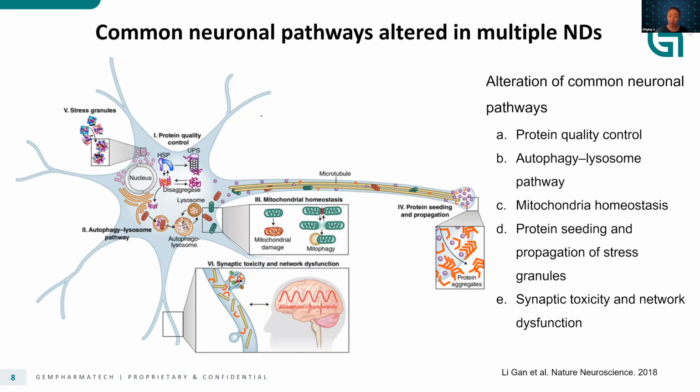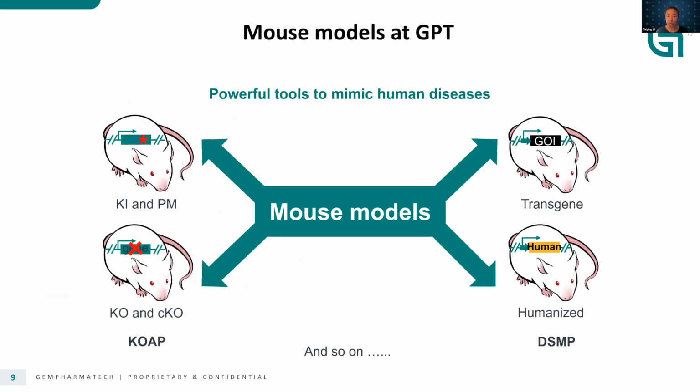One of them is the autophagy lysosome pathway, and parallel to that, mitochondrial homeostasis can also be perturbed and lead to neuronal dysfunction. And finally, synaptic toxicity or network dysfunction can also be a cause for neurodegeneration.